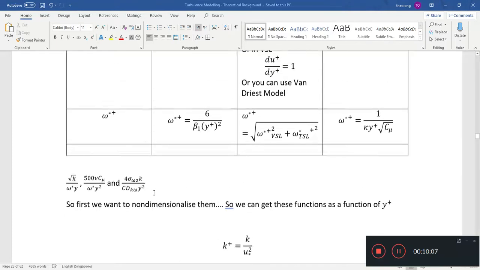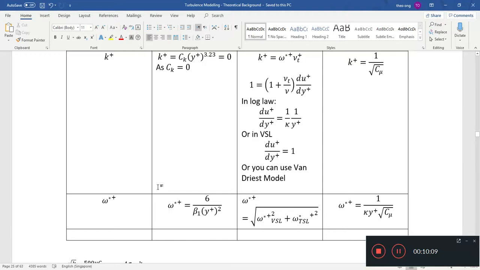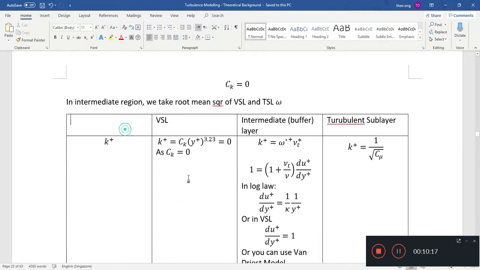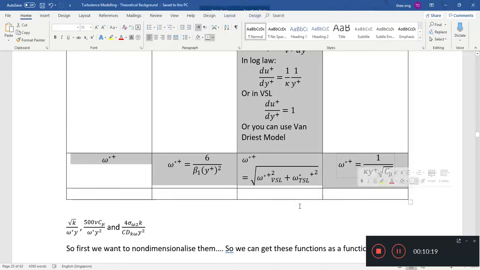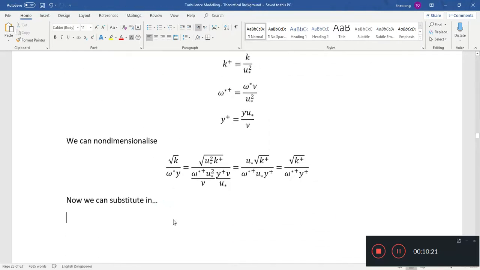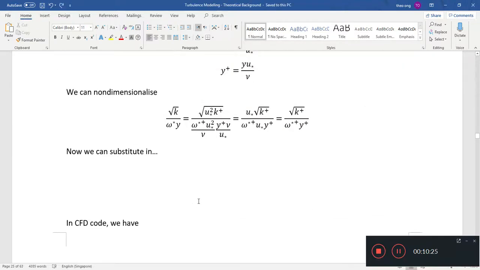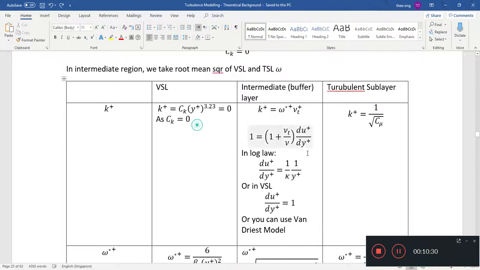Now with this, we can substitute in using these functions above.